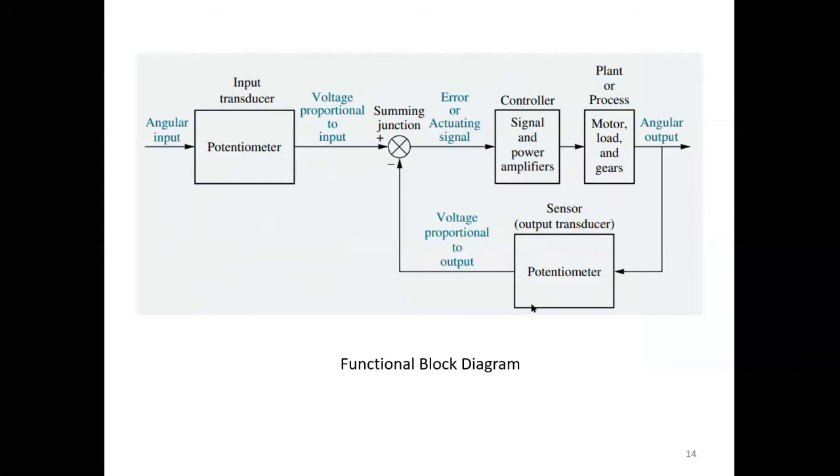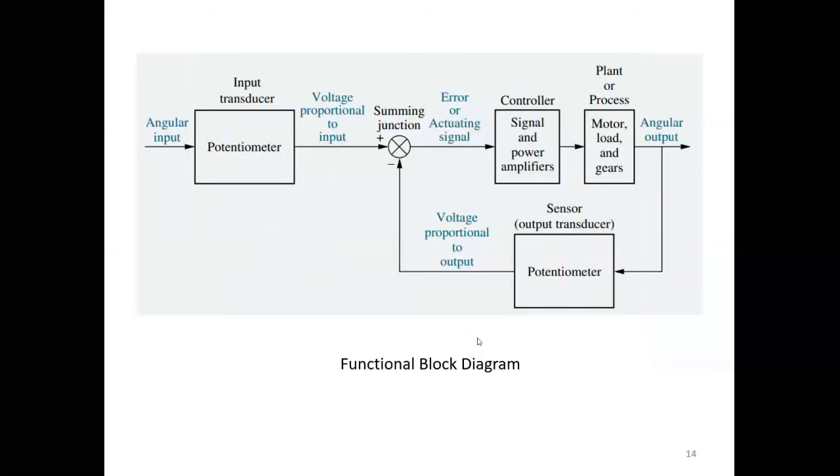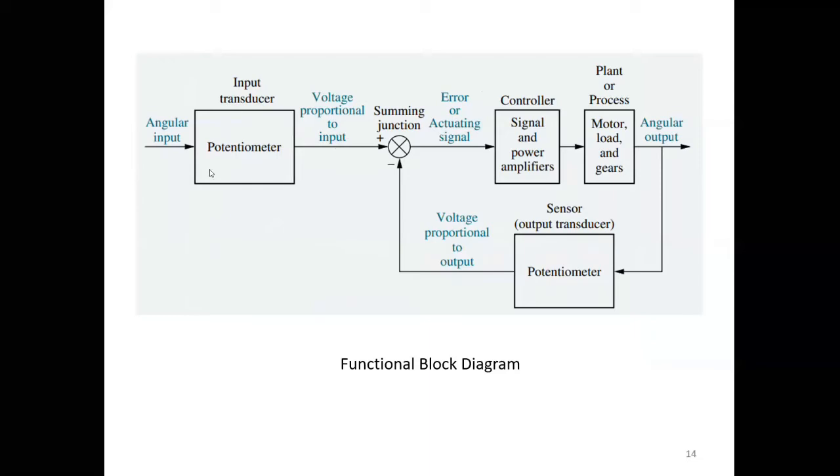Here is a functional block diagram. See, that is not the block diagram. The block diagram is this one. Here, this pot works as a sensor. See, angular input, transducer, voltage proportional to input, summing junction, this one is called the summing junction, and error or actuating signal, controller, plant or process, angular output.